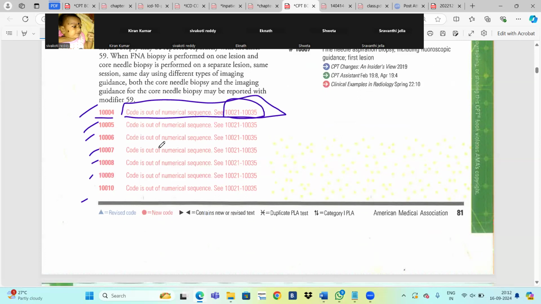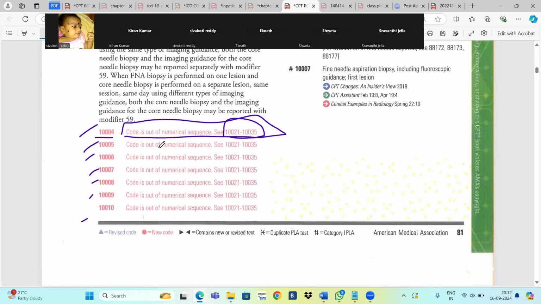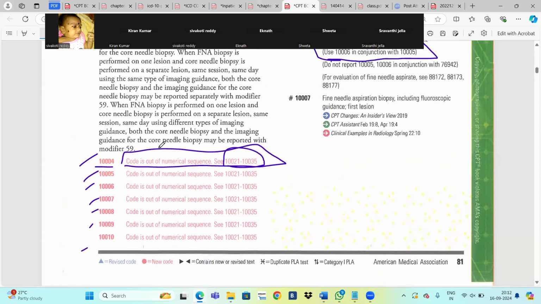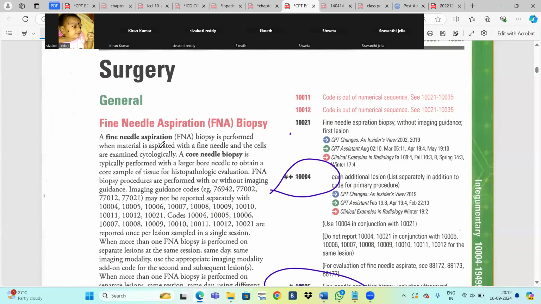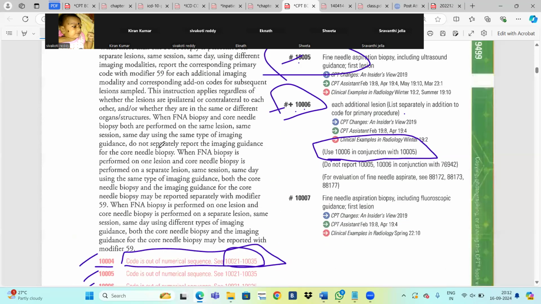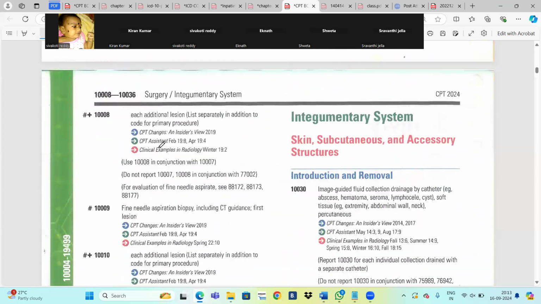If you see any code marked out of numerical sequence, you need to search in that range. So for 10004, you need to search 10021 to 10035. Here 10021 starts, then they have given 10004, so these are all out of numerical sequence. That's why they gave a symbol for all these codes.